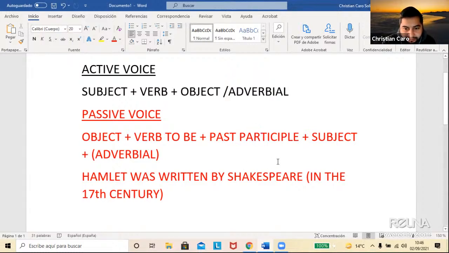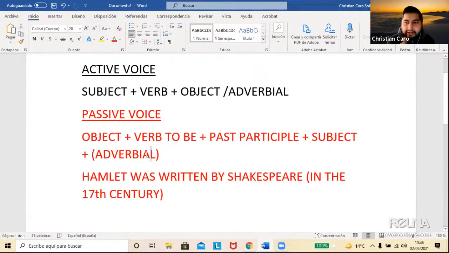So depending on the nature of the verb, we can use a subject if it is necessary, and if not, the sentence just stands alone. And the adverbial phrase in this case is completely optional, right?